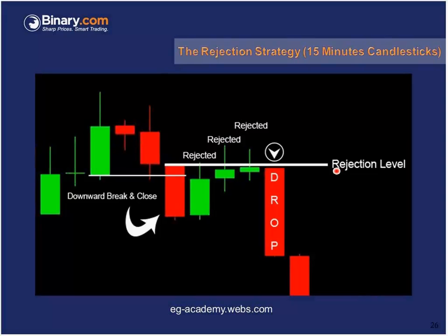So trend, then break, then rejections, or three candles rejected under this level, and we place our order with the opening of this candle.